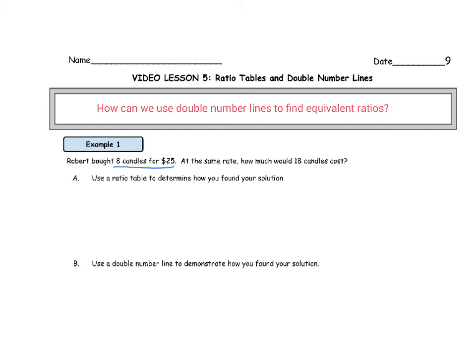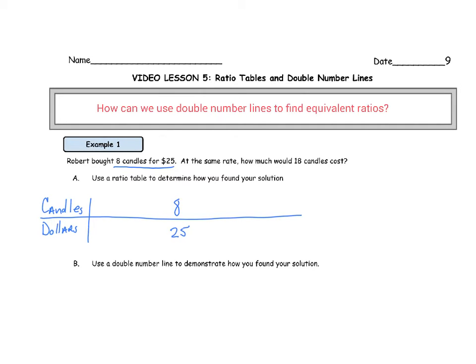Now you can set this ratio table up either vertically or horizontally. In my case, for the sake of space, I'm going to make it horizontal. I set the ratio table so that candles are on top and dollars are on bottom. The only information we know right now is that 8 candles cost $25.